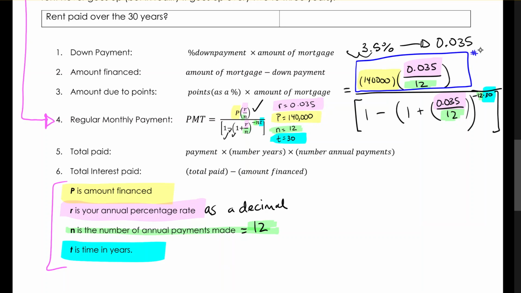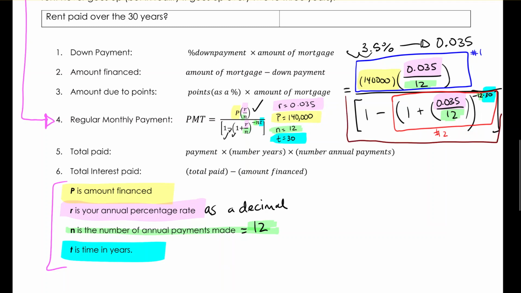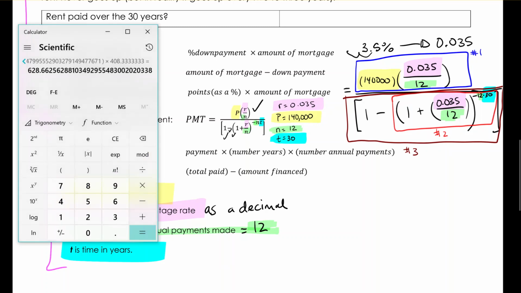Maybe we'll label this number 1. Calculate this portion next, number 2. And then finally calculate from that 1 minus that number for the whole bottom. That's our number 3. So let's work at this piece at a time with our calculator.